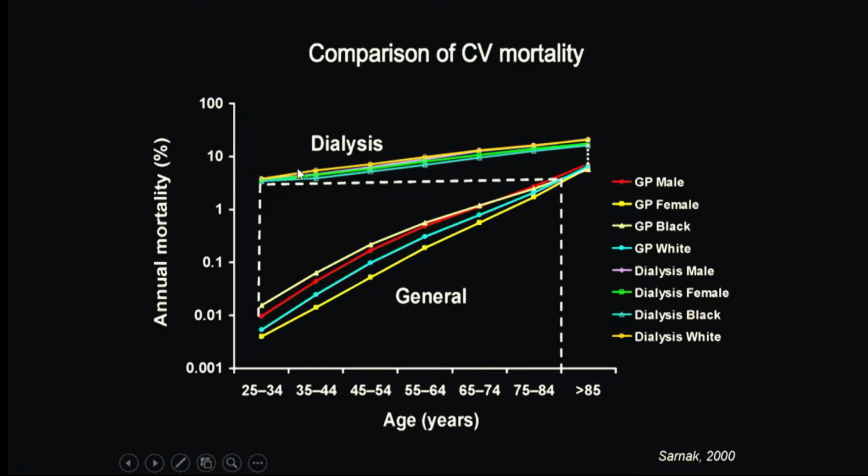So if you have end-stage renal disease and you're 20 to 30, that's the equivalent to having the death rate for someone who's 80 years old in the general population. So dialysis really predisposes to death.